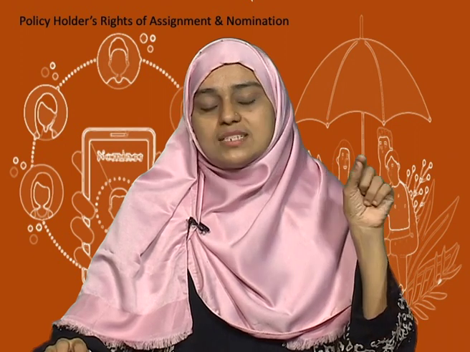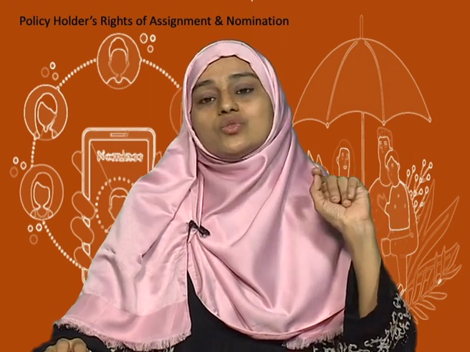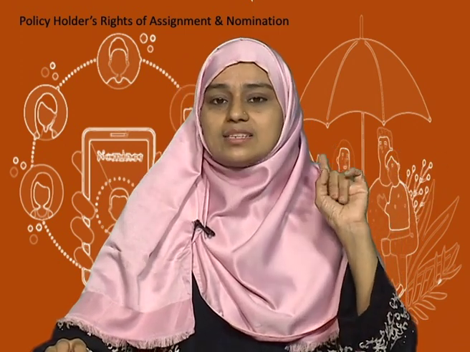Now a policy assignment basically will transfer or change the ownership, but not the risks which are associated with it. So whoever is the person to whom you are transferring the policy, not only ownership gets transferred, but all kinds of risks associated also will get transferred. So a policy assignment changes only the ownership and not the risks associated with that.